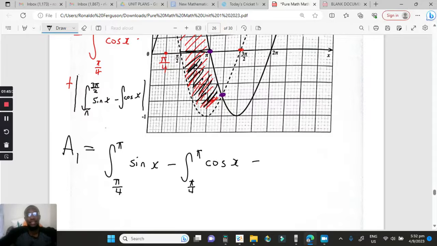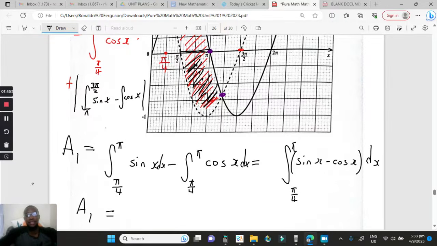I leave off the dx, but that's okay. Well, it's not okay, but for space, it's okay. So in this case now, I'm writing it as one integral. So this is really sine x minus cos x, and we're integrating from pi over 4 to pi dx right there. And so now we're going to go ahead now and integrate.